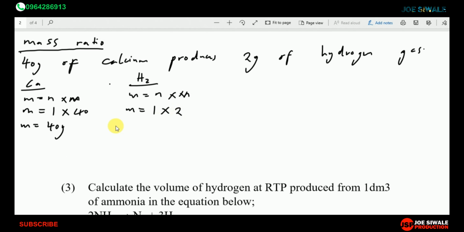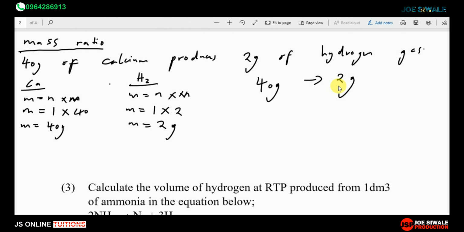So mass is equal to 2 grams. So that's where the 40 grams of calcium produces 2 grams of hydrogen gas is coming from. So we say 40 grams of calcium produces 2 grams of hydrogen gas.